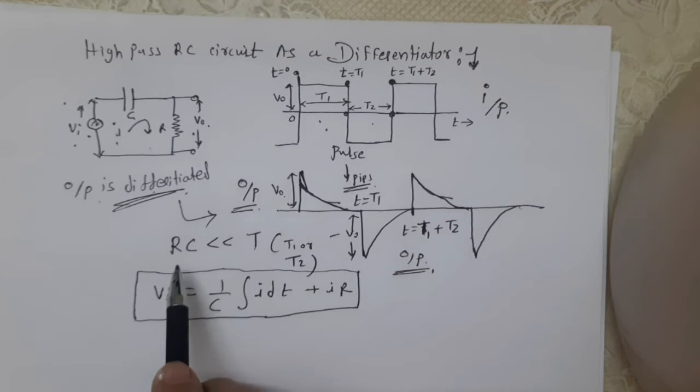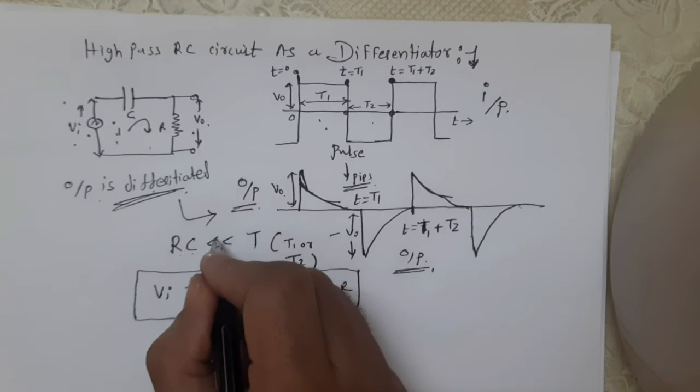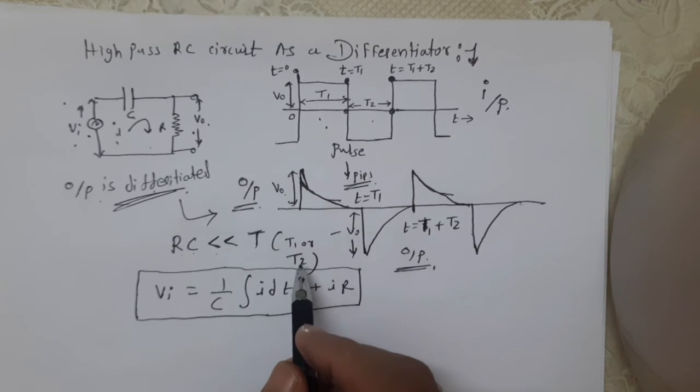The condition is that the value of RC is very much less than T, that means T1 or T2.